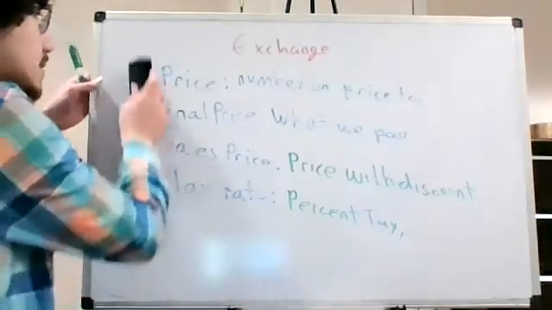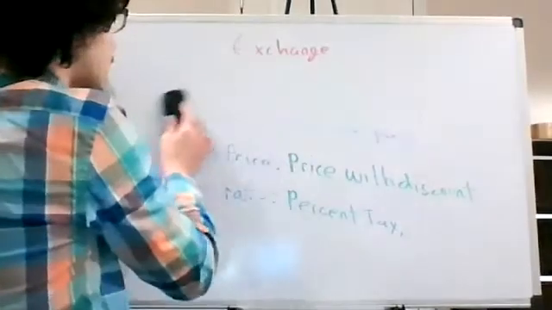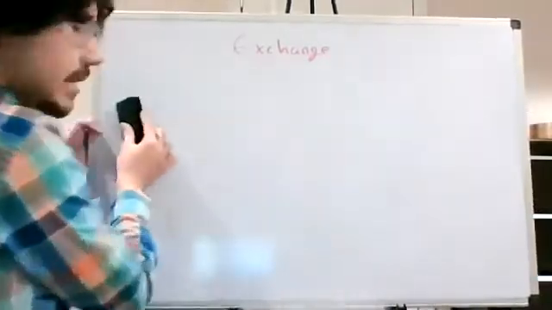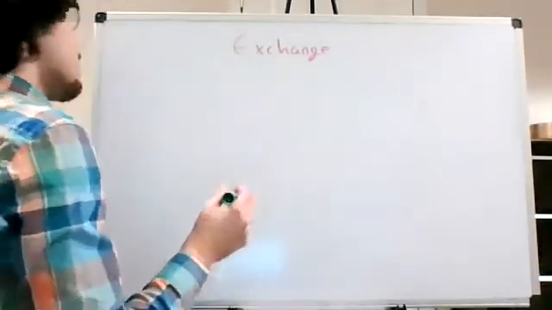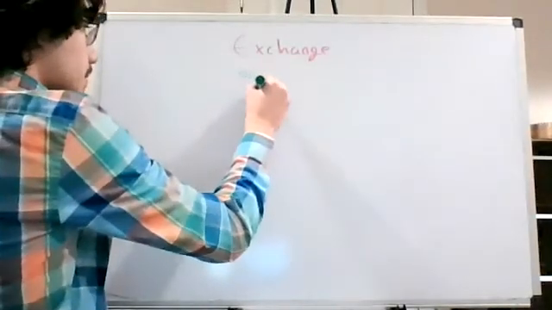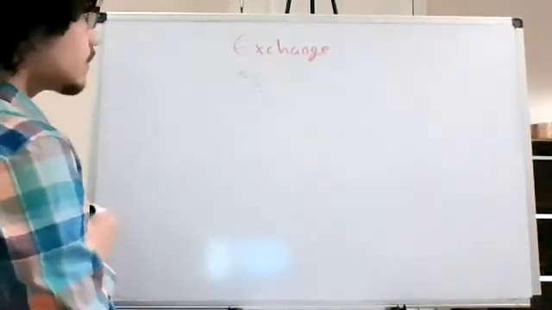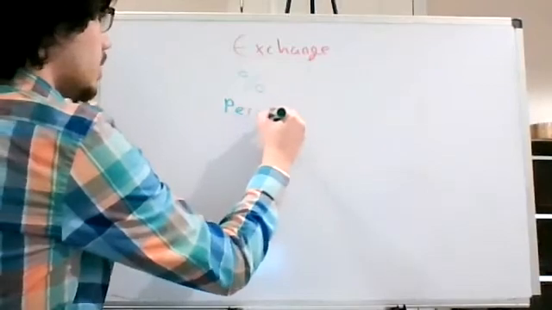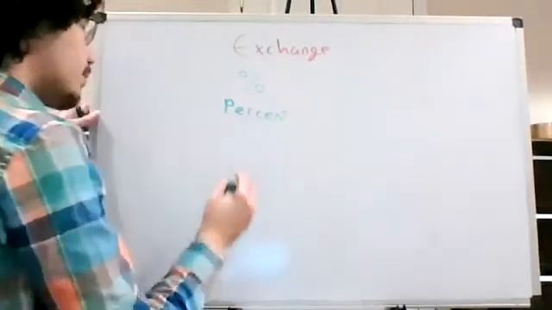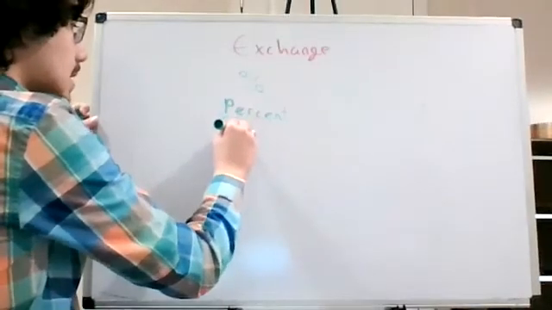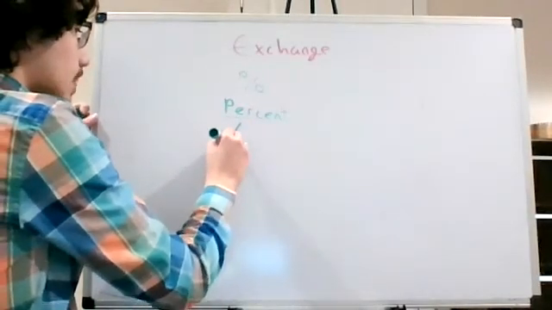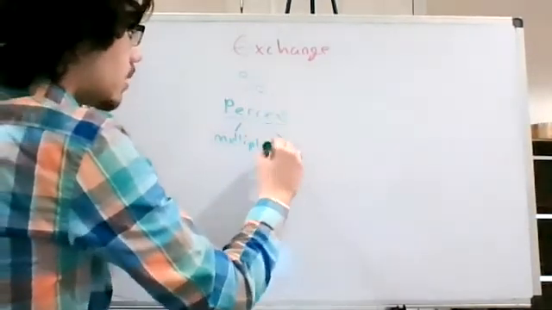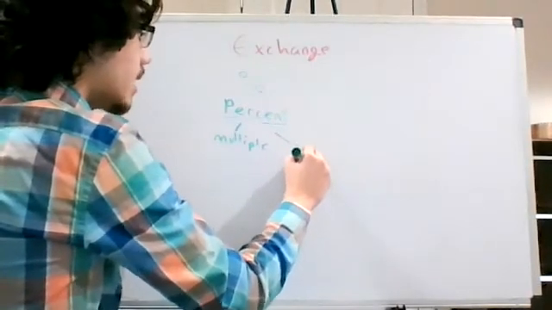Now, with this, we can briefly go over how we calculate each. To calculate each, we mainly rely on percentages. Now, percentages stem from the word percent, where per means multiple of, and cent means 100.